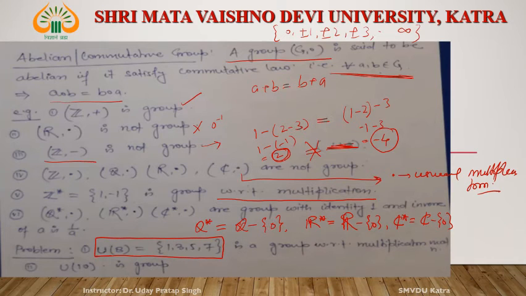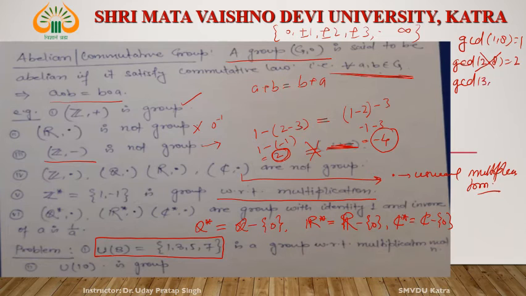U8 basically means all the numbers which are relatively co-prime with 8. We already discussed this in the previous slide. What is the GCD of 1 and 8? That is 1. What is the GCD of 2 and 8? That is 2. Therefore 2 does not belong to U8.